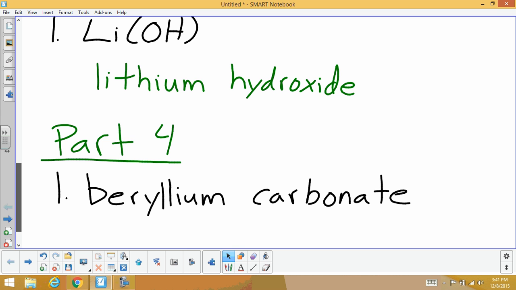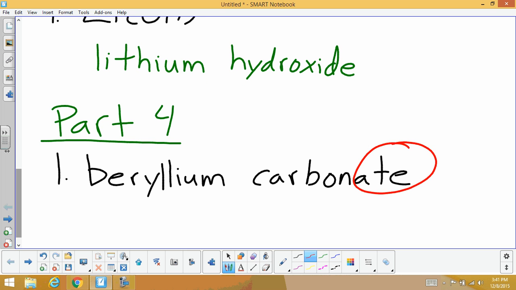And I stated in class, if we see an 8 and 8, automatically you have to go to that lilac sheet, that polyatomic sheet, so you can find which polyatomic symbol corresponds to carbonate. But first, we've got to write down our metal's symbol, which is beryllium. We have Be.